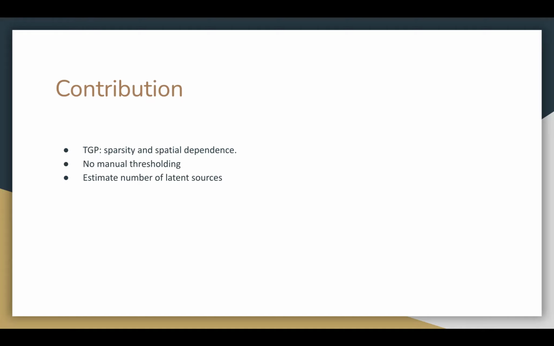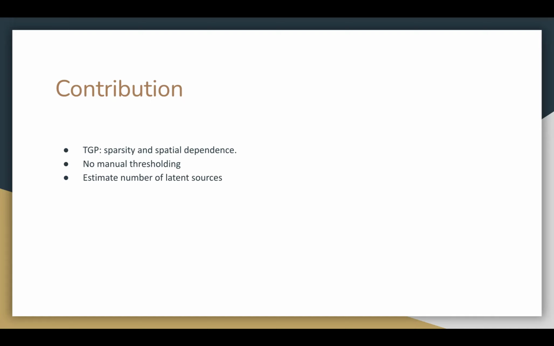So the latent components are theoretically considered sparse, and they do have spatial dependence, like nearby voxels are related to each other.